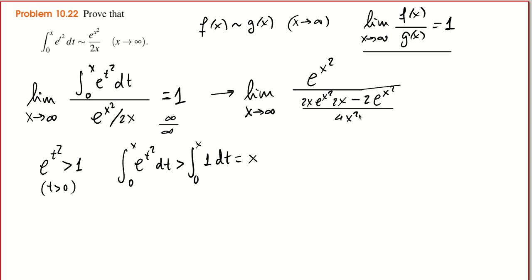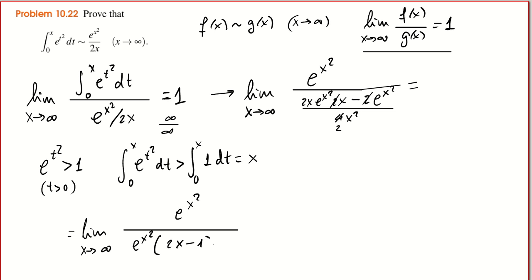All right, let's simplify this a little bit. What you have here is the limit when x goes to infinity. Then you have e^(x squared) in the numerator. Down here, you can factorize things, and you can simplify one factor 2. Then you can factorize the exponential, which is a common factor of 2x squared minus 1.